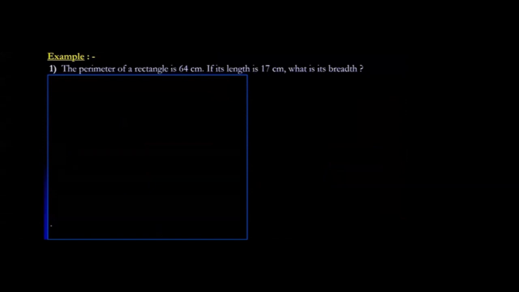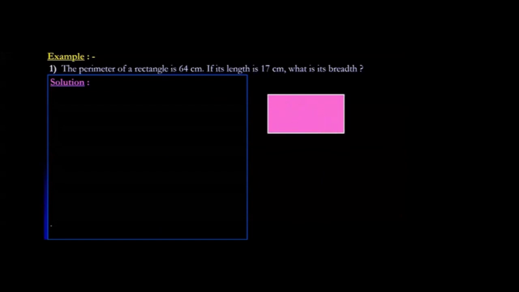A rectangle is given whose perimeter is 64 centimeter and length is 17 centimeter. Just now we have seen that the opposite sides of the rectangle are congruent to each other. So if one length is 17 centimeter, obviously the length of the other side will also be 17 centimeter.